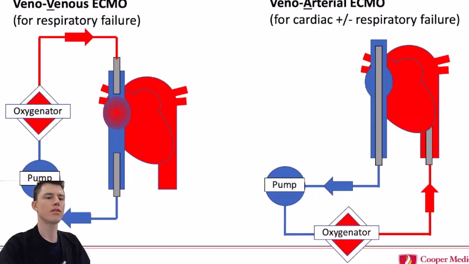But in VA, think about it as you need cardiac support plus or minus also pulmonary support. So the heart's down and maybe the heart and the lungs are down as well. And so we're draining blood from the venous side, we're putting it into our arterial side, and so the main difference here is that we're providing our blood pressure support, so perfusion, by going through the arterial system.